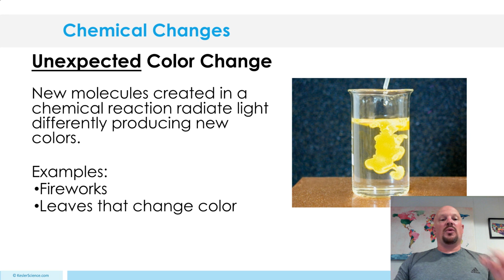Fireworks would be an example of this. When those molecules react with one another, it produces a light change. Leaves changing color is another. We're in a time of the year where leaves are changing color all around us. That's a chemical change that's taking place. It's not that we're going in and coloring the leaves or adding a dye to the leaves to change the color. We are watching that chemical process take place.